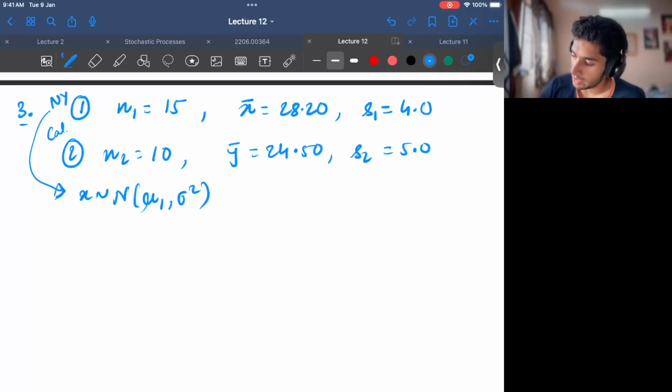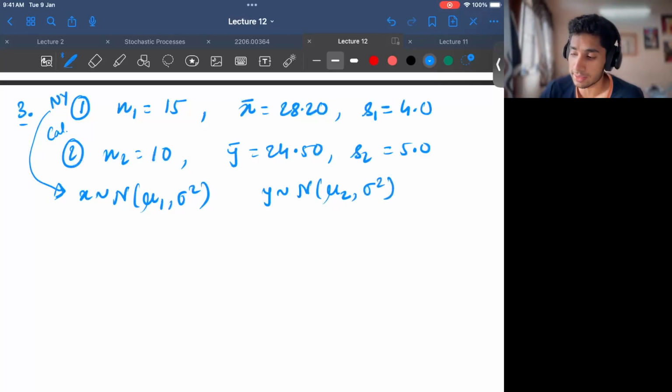The random time spent by children in California is distributed according to another normal distribution, with a different mean mu2. However, the variance is the same, sigma square.